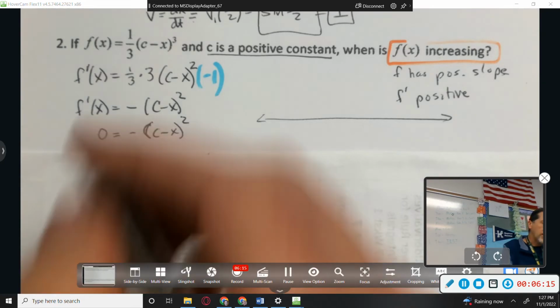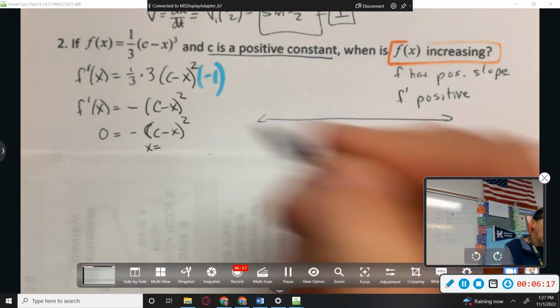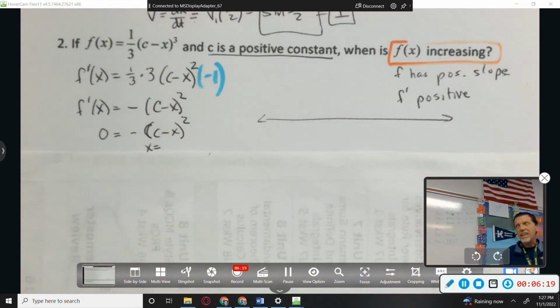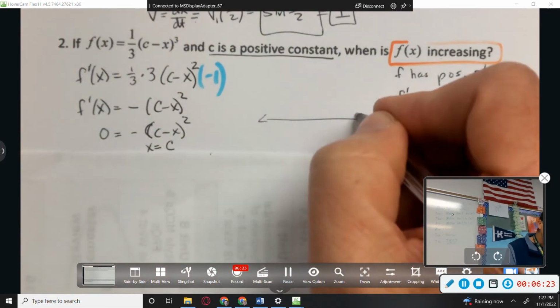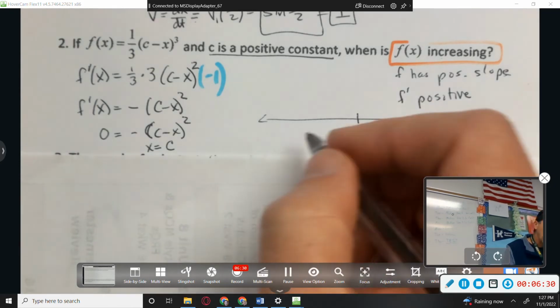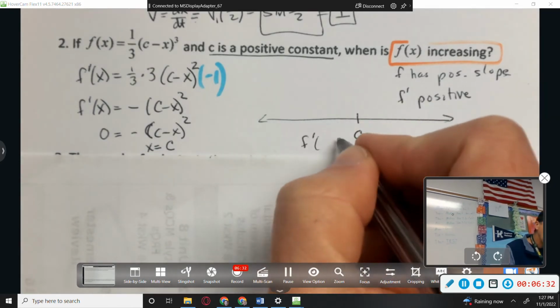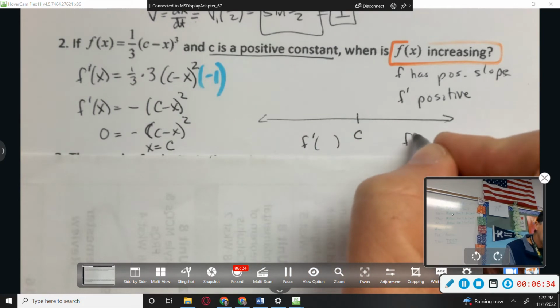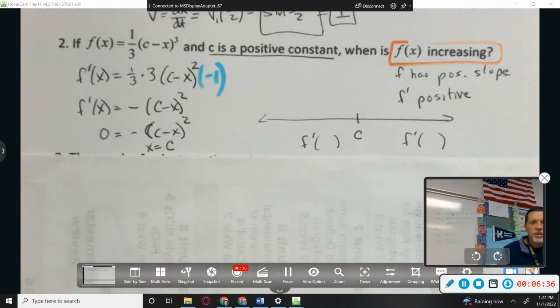What value of x? C. It's a little bit weird that there's a c in there, but if x was c, then the first derivative is 0. So I need to find f prime of something left of c and f prime of something more than c.